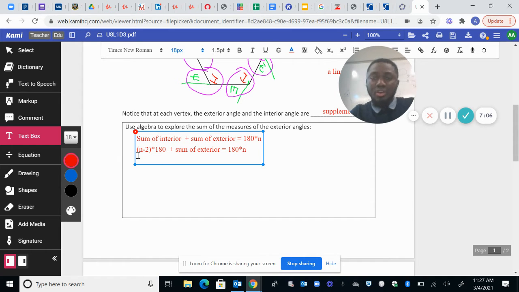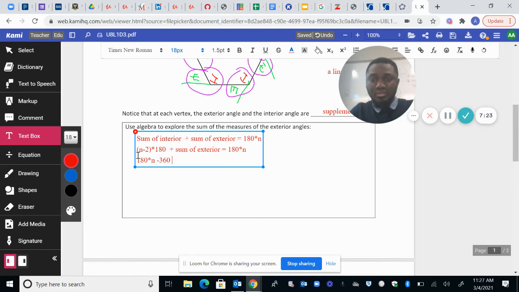If we open the bracket, we multiply n by 180, giving 180 times n, and then minus 2 times 180, which is minus 360.